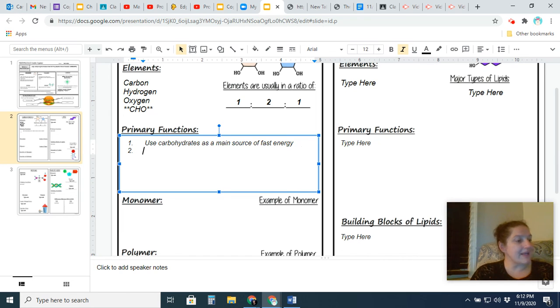The second thing that carbohydrates are used for, mostly in plants, is as a source of structure, okay? So structural purposes. So what do we mean by this?